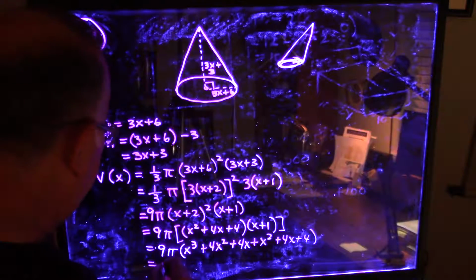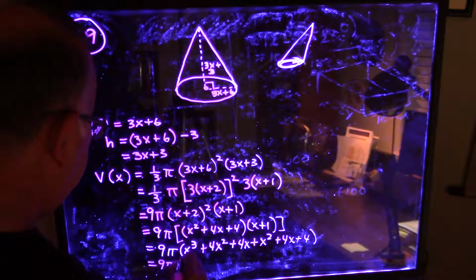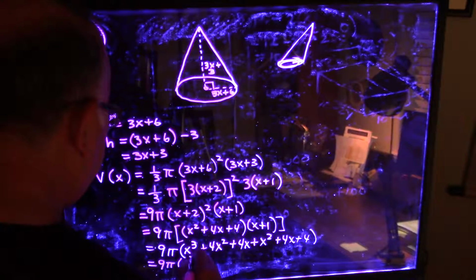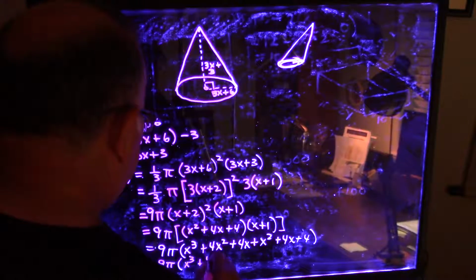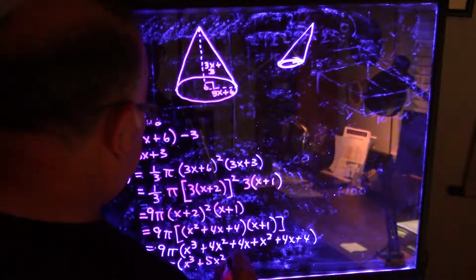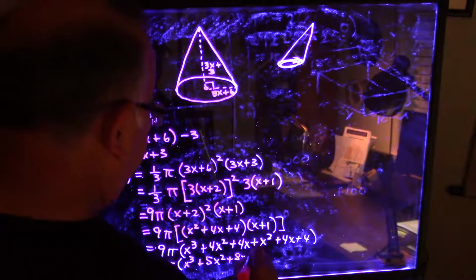You get 9 pi times the quantity x cubed plus 5x squared plus 8x plus 4.